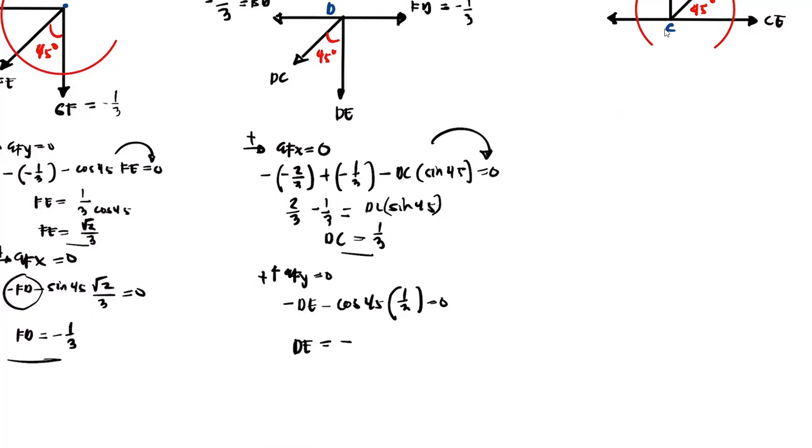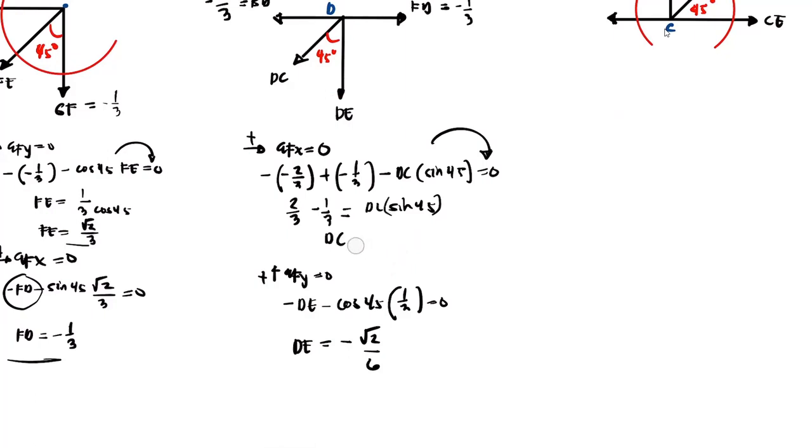Okay? So cosine 45 times 1/3. That is negative square root of 2/6. Tama? Okay, sorry. Merong error dito. So this one is over sine 45 pa. Okay, so 1/3.